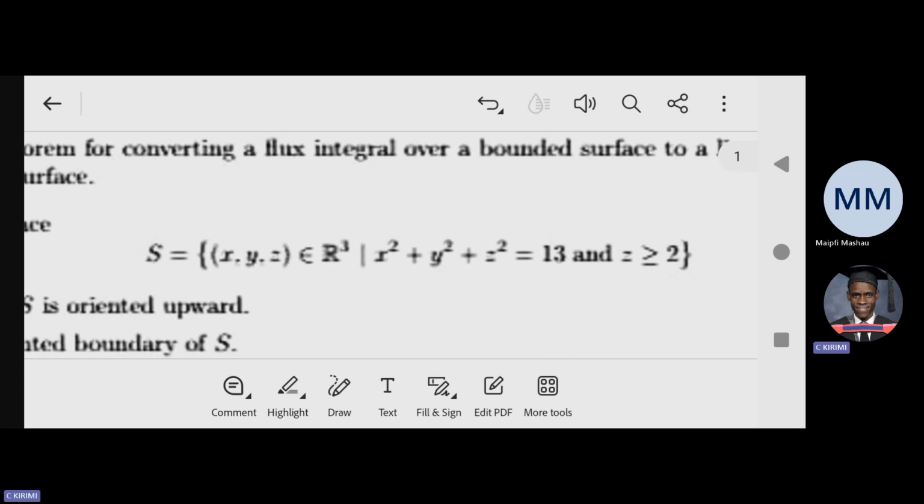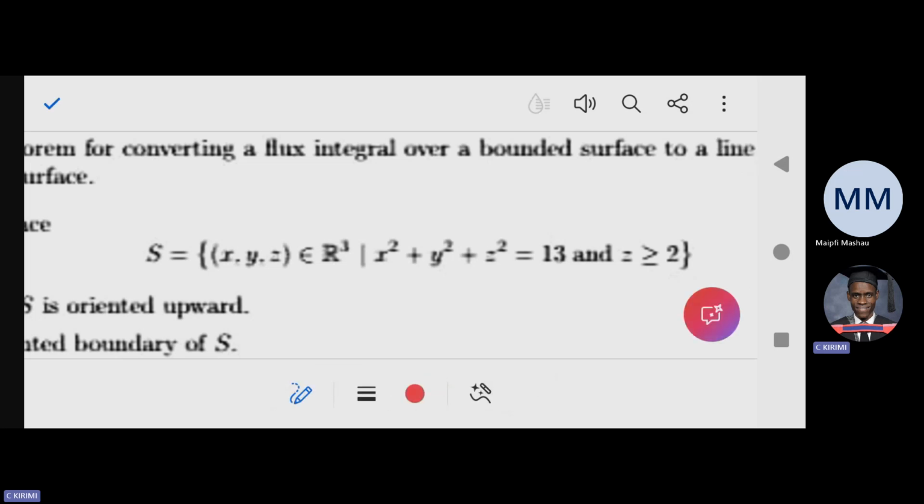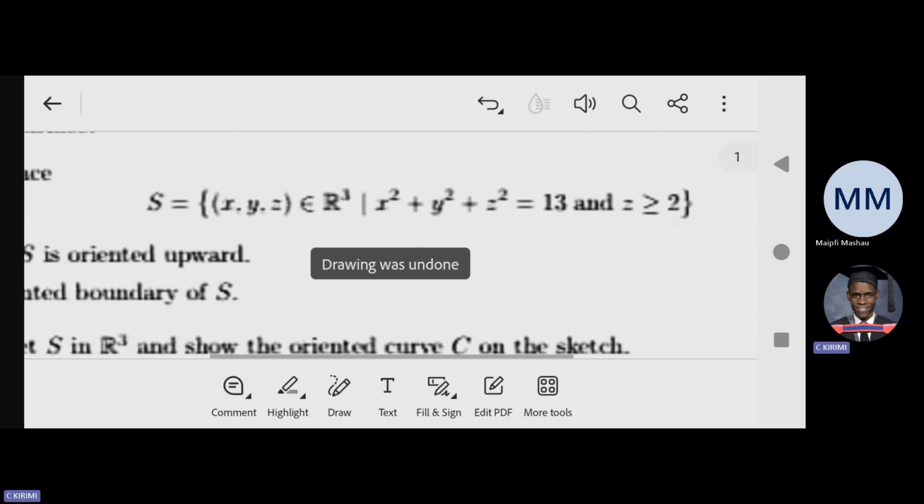X, Y, Z are an element of R3, which means, from linear algebra, a 3 coordinate system. And also, we are given that x squared plus y squared plus z squared is equal to 13.